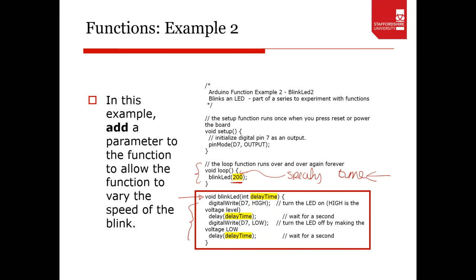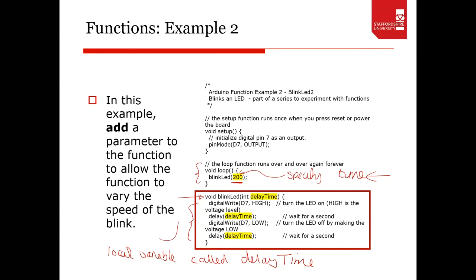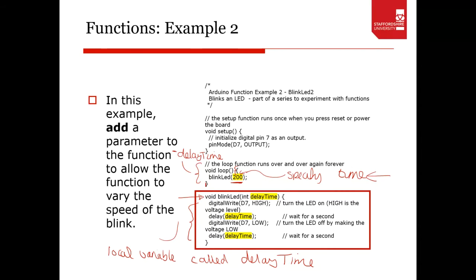Within this function, it is a local variable called delayTime. If in the void loop here, because this is the main program, in between these two brackets, you typed delayTime, that variable would not exist in the void loop.